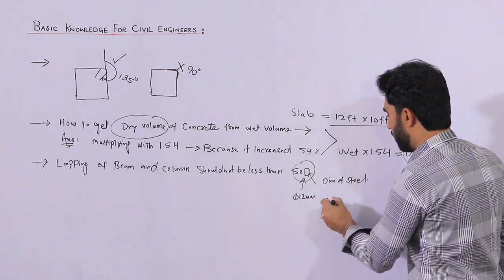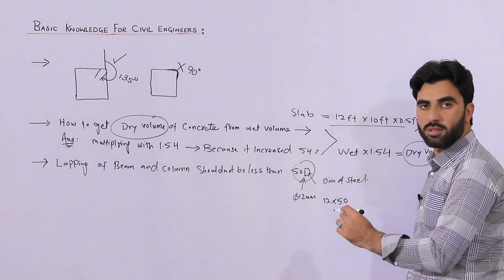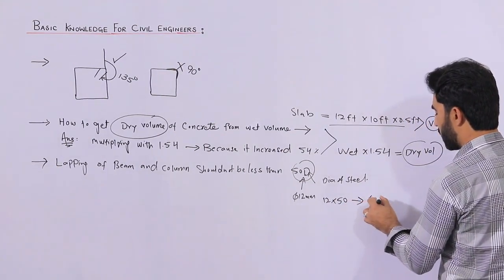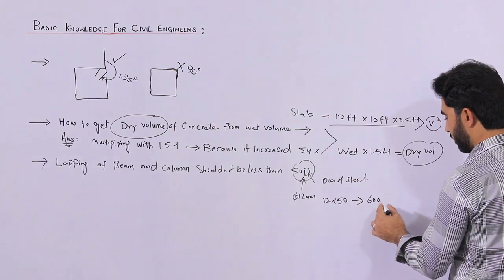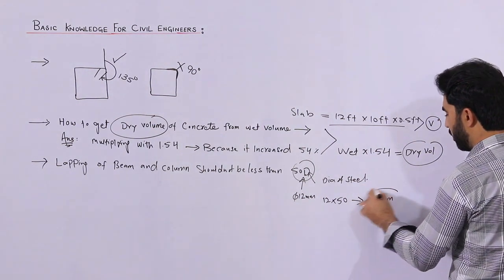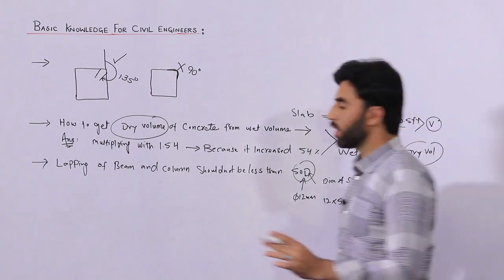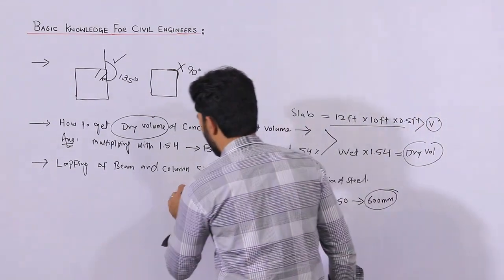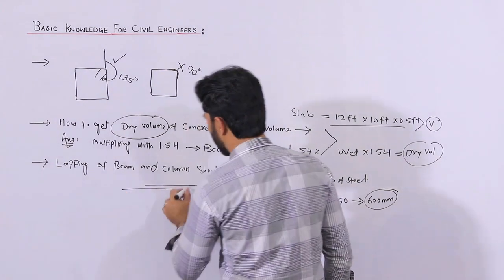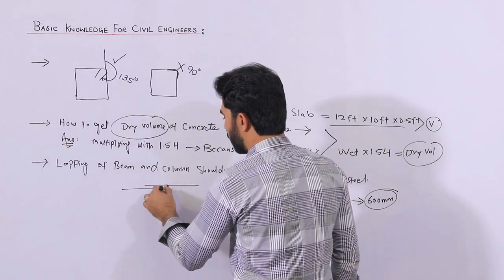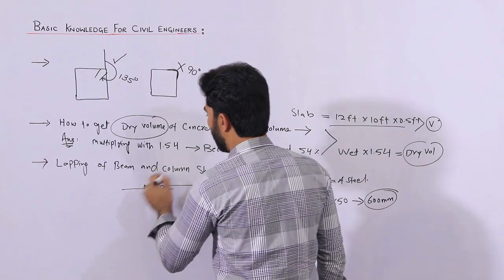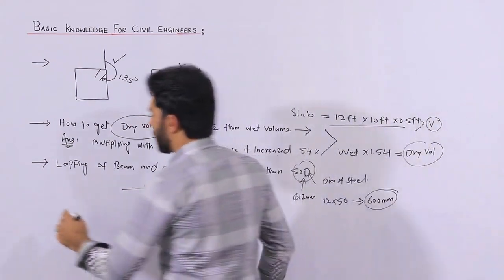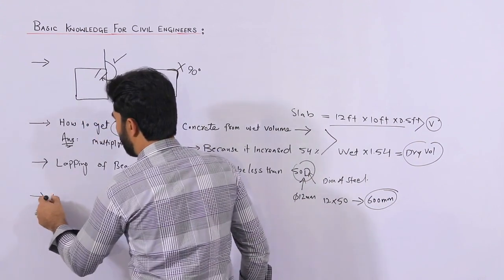So 12 mm multiplied by 50 gives you 600 mm. This will be the lapping length. Whether it is beam or column, it should not be less than 50D. You can see this is one steel rod and this is the other one, so we are providing the lapping. Remember this point.